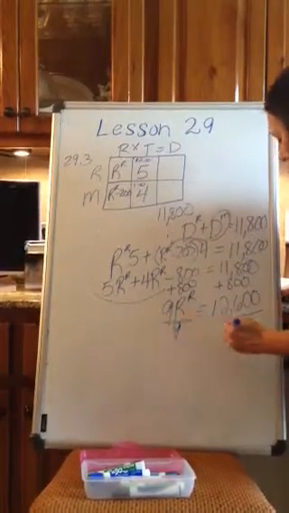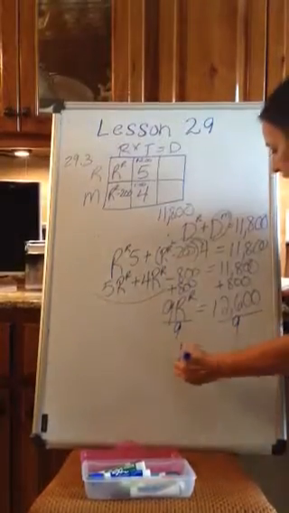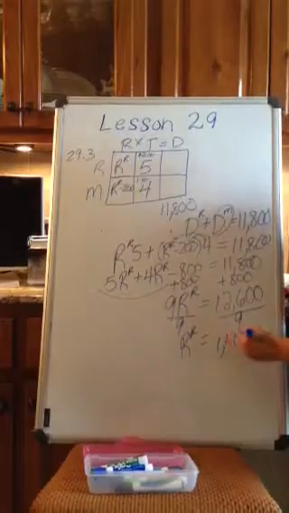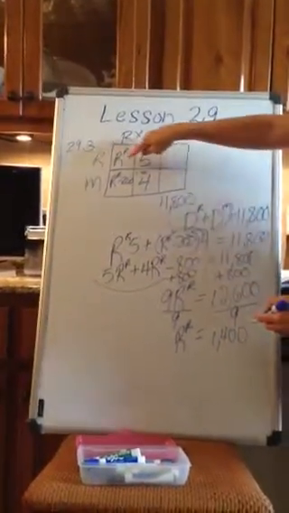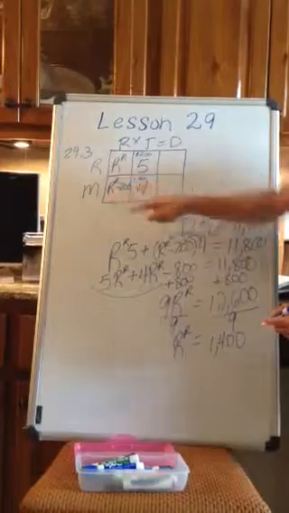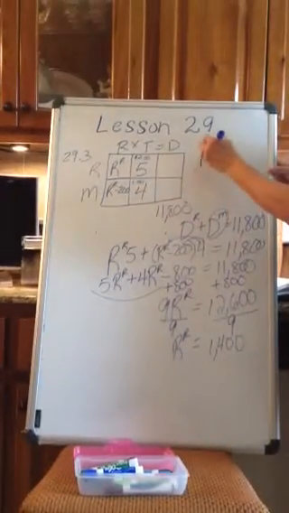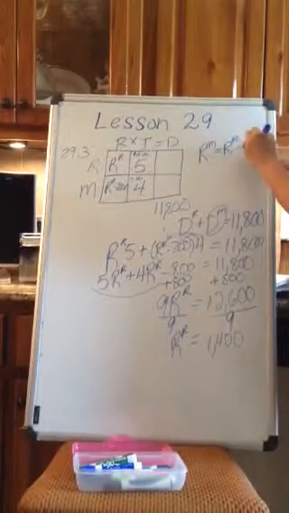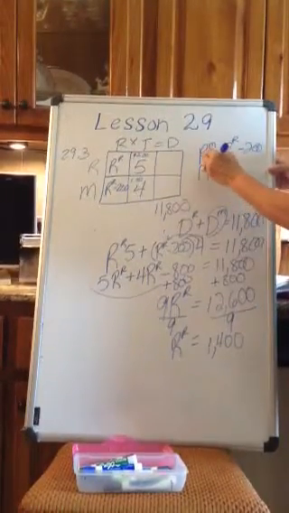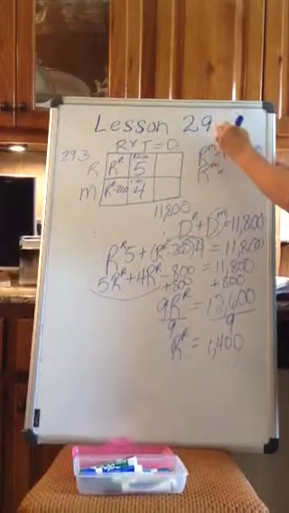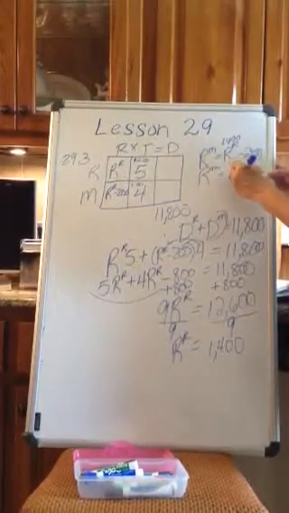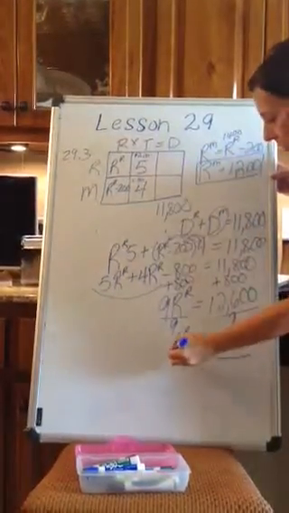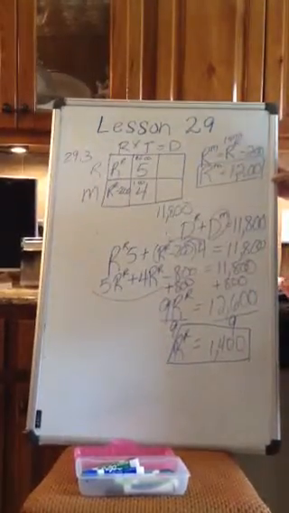Divide by 9 on both sides, and the rate of R is 1,400. Now, if that's the rate of R, then the rate of M equals the rate of R minus 200. So the rate of M is going to be 1,200. And I have solved for my 2 rates.